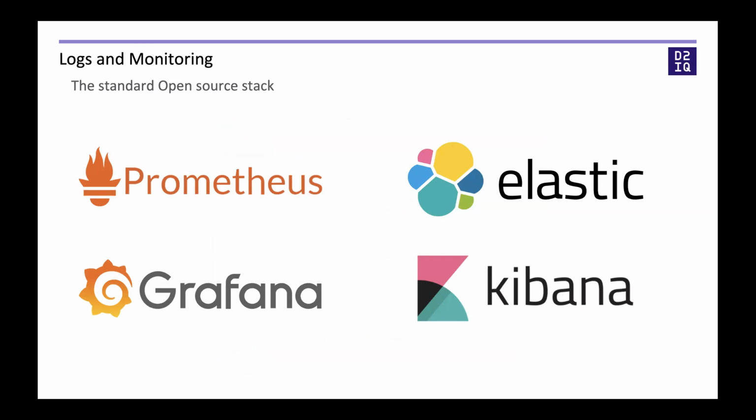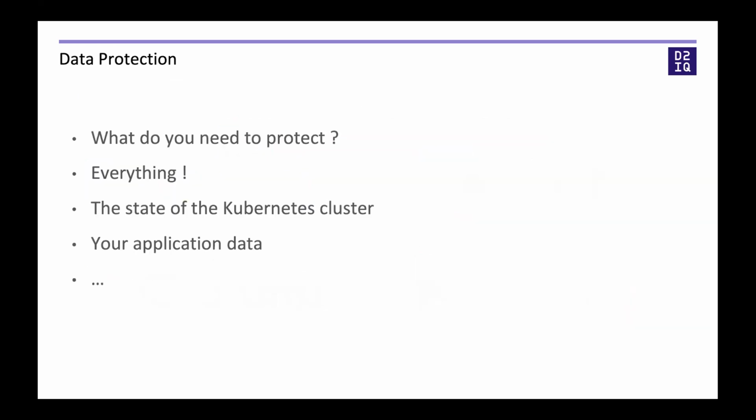These tools allow you to be more proactive versus reactive, and these are the most common tools that we see today in the market that are integrated into the Kubernetes ecosystem.